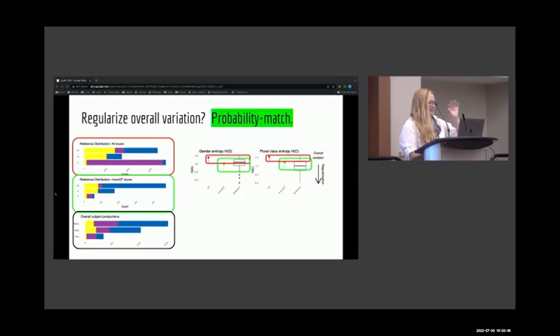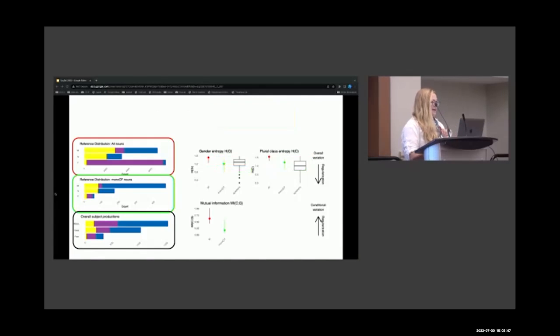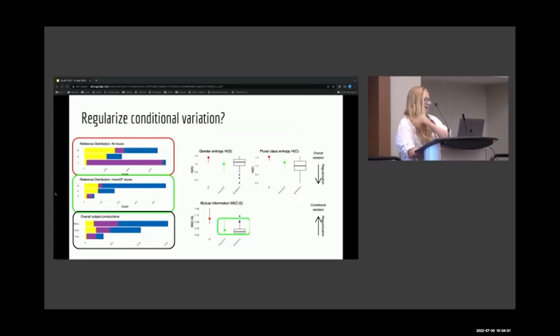So our second question is, do they regularize on conditional variation? So do they use grammatical gender in informing their plural class inflections? For this, the answer is basically not very much. So they use grammatical gender very little, although an amount that is consistent with the monosyllabic distribution where gender is less predictive.